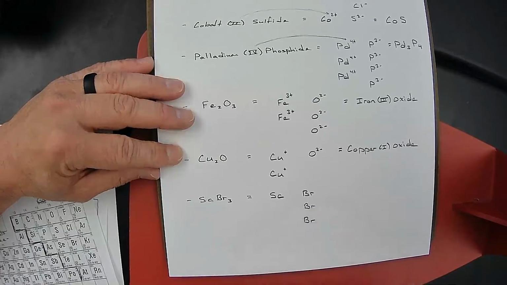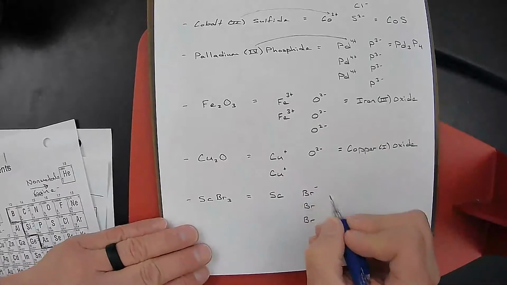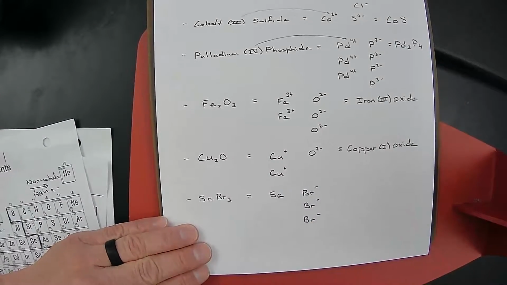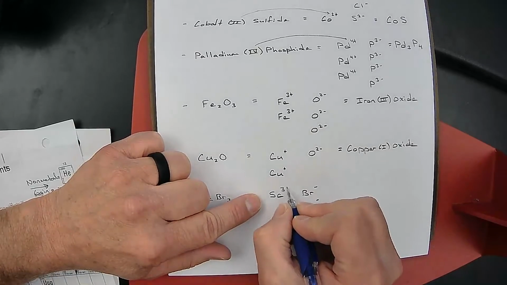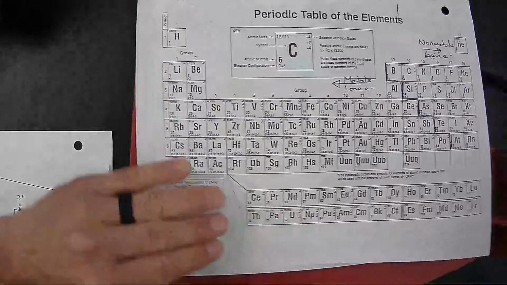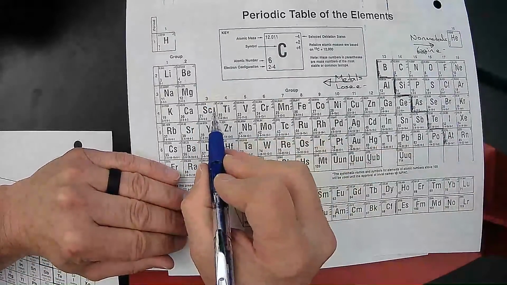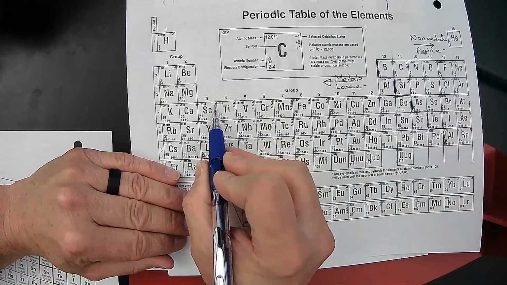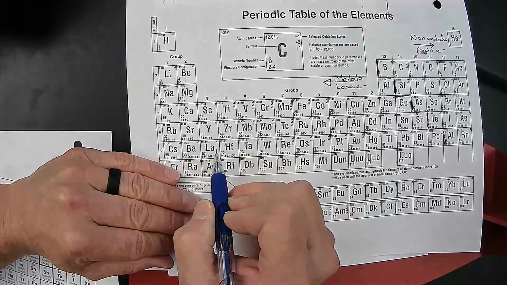Br is in column 7A, so it's a 1 minus charge. That means Sc has to balance those 3, so it must be a 3 plus. When I look up Sc on my periodic table, it's a transition metal, but note, there's only one option for Sc, and it is a 3 plus.